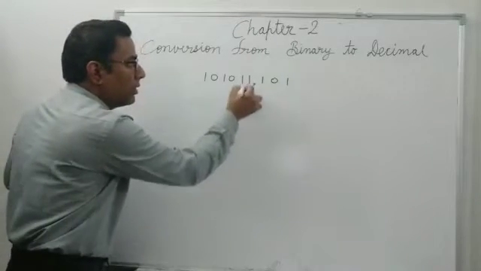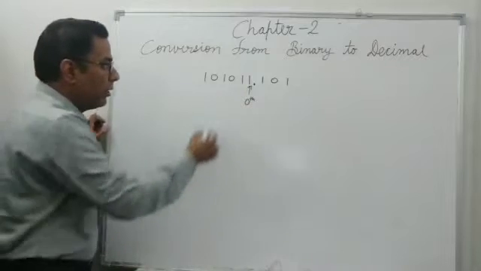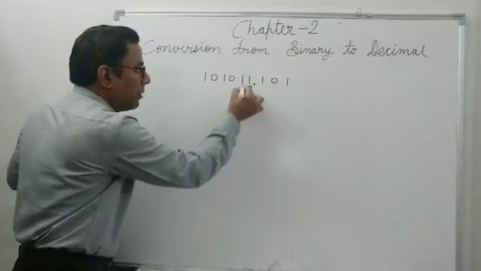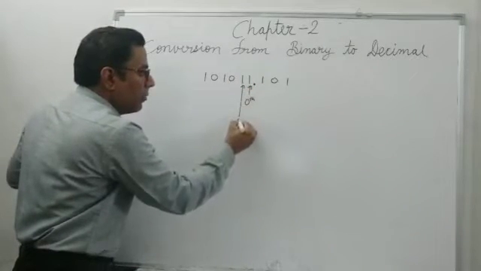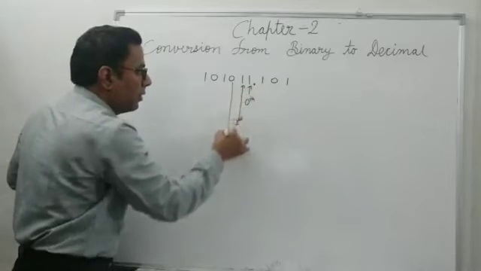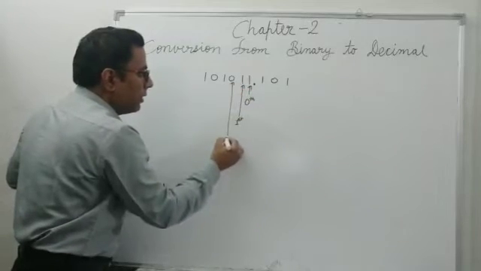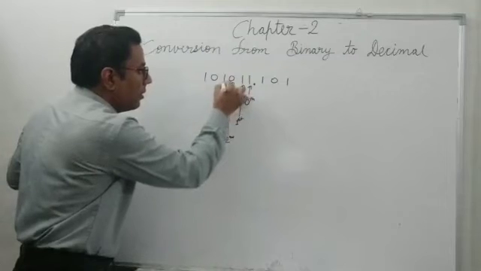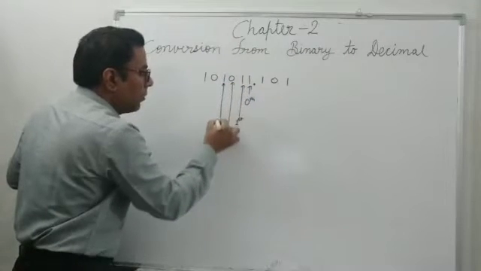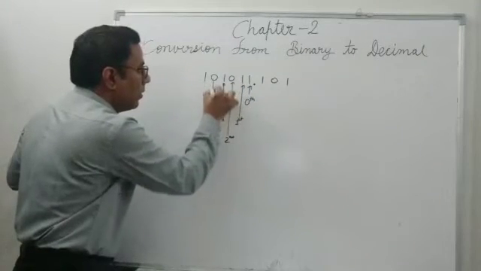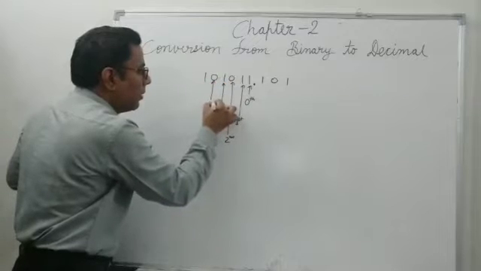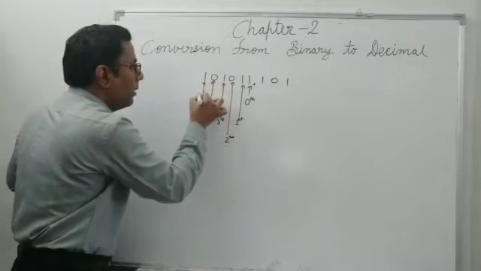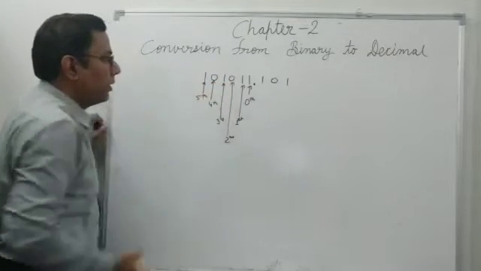The next digit is the first position, then the second position, third position, fourth position, and here the fifth position.